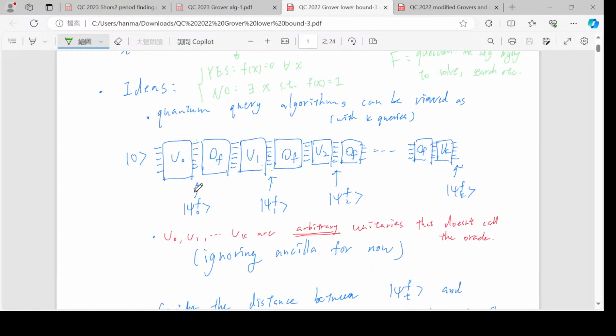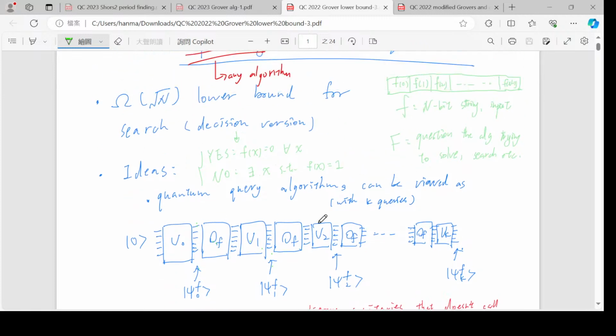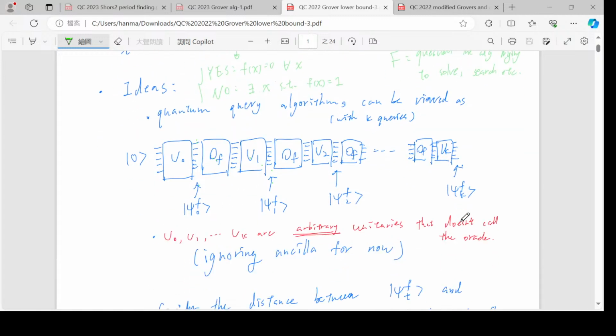Then we ask how many of those O of small f you need in your algorithm to solve this decision problem. Anytime your small f is all 0, you should get some 0 output state, and if there's some 1 input, you should get some 1 output state.